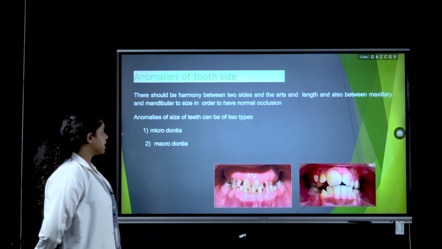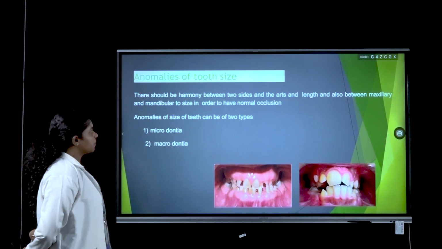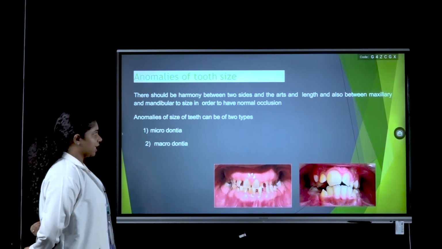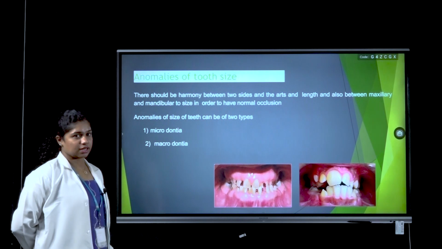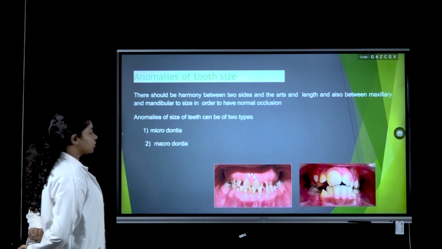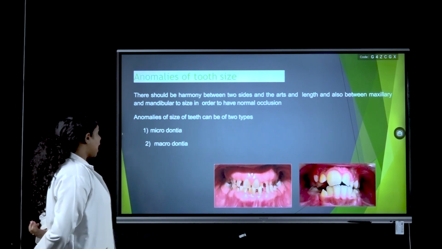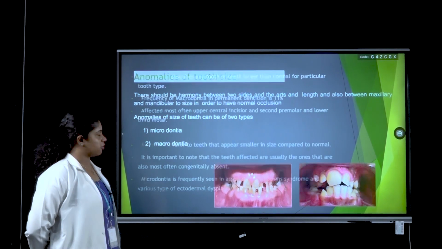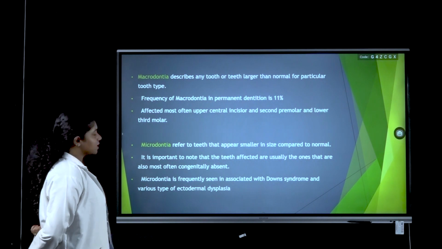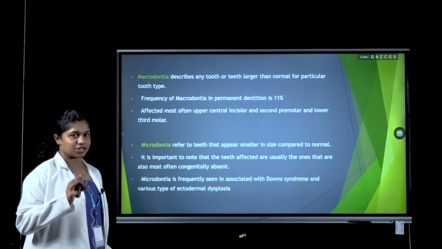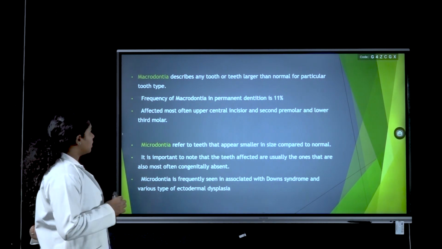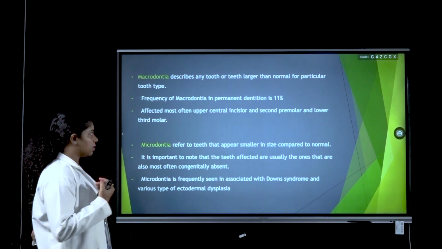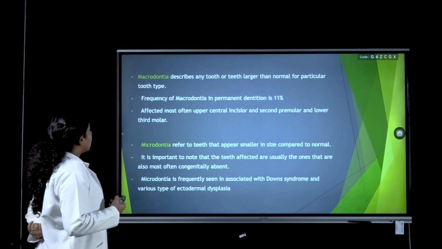Coming to anomalies in teeth size, there should be a harmony between two sides of the arch, the length, and also the maxillary and mandibular arch sizes to have a normal occlusion. Anomalies in teeth size can be of two types, that is microdontia or macrodontia. Macrodontia is when the tooth size is larger than normal. In permanent dentition, 11% macrodontia can be seen.